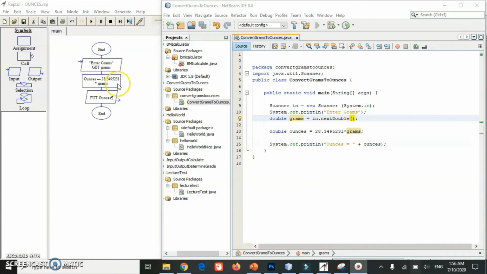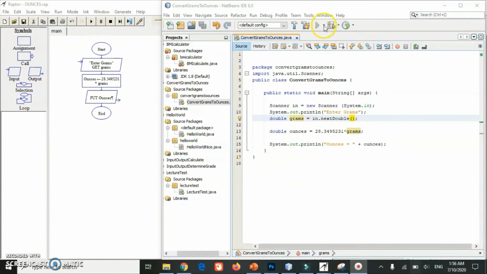Use double also for the ounces, equal to 28.3495231 multiply grams. And then for the output, we put System.out.println, ounces equal to, to get grams in ounces.